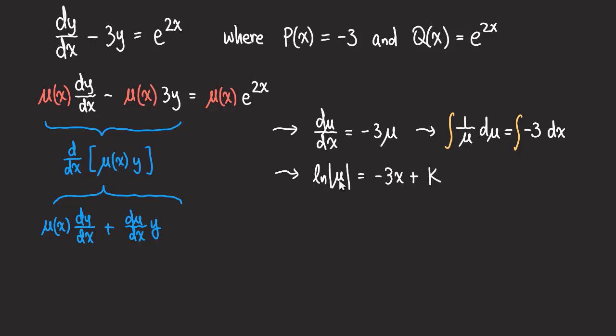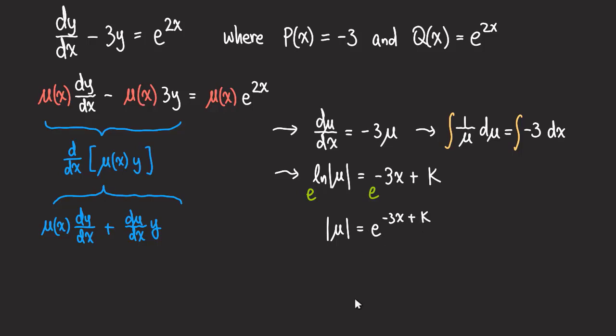And if we want to find mu, we need to exponentiate both sides. So we will just say e here and then e here. Okay, and then we'll just get the absolute value of mu is equal to e to the minus 3x plus k. And then what we can do is remove the absolute value by writing plus or minus in front of this expression, and then we can also factor out e to the k in the front.